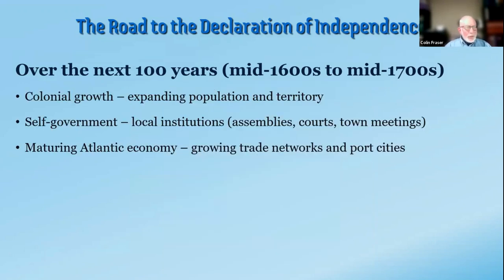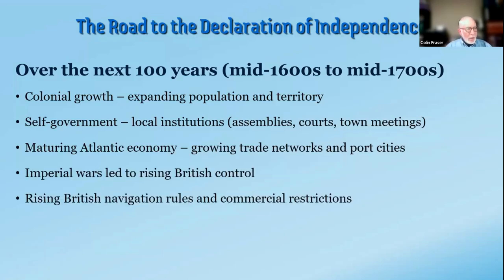So with these three elements as a background showing the strength of the colonies and why we came here and that it was so successful, there were other factors at work as well. There were a lot of imperial wars that pretty much demanded that the British establish much stronger control over the colonies.